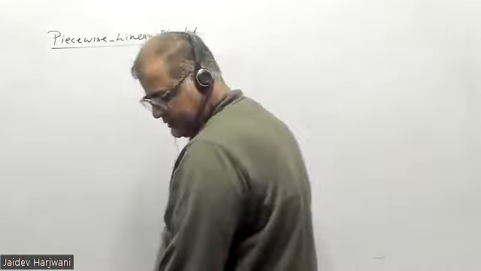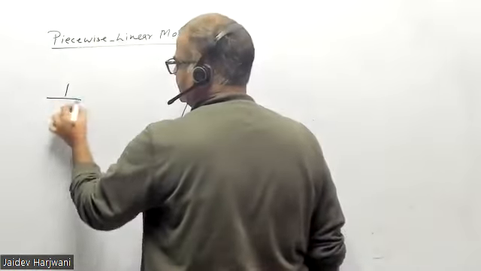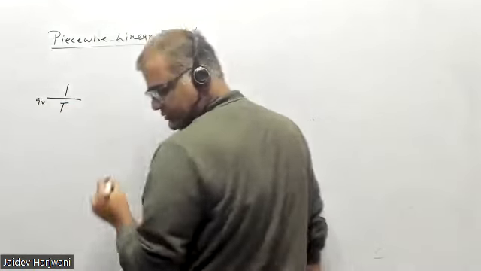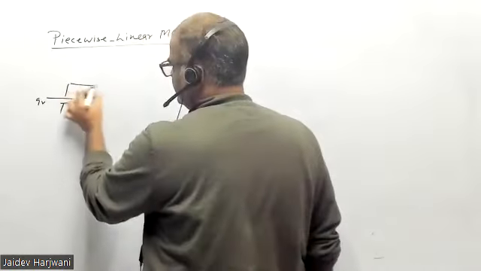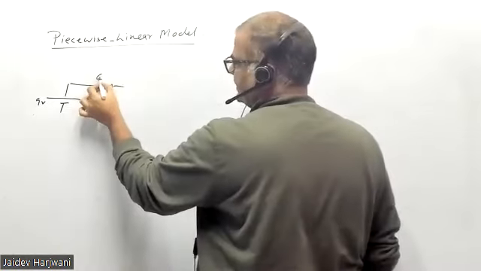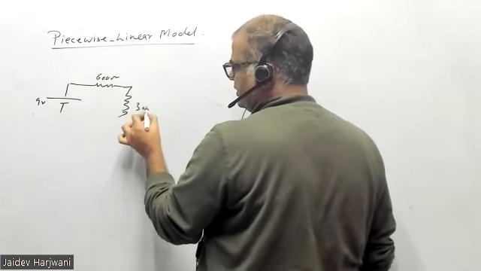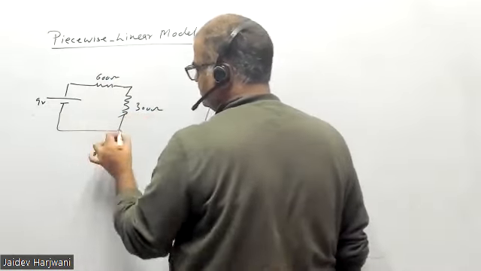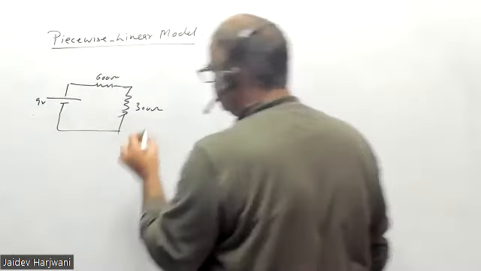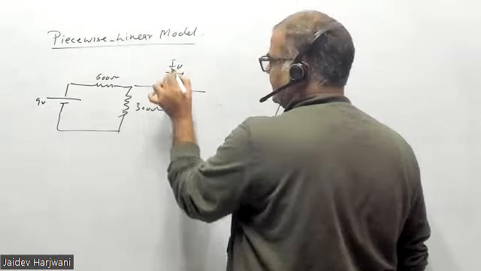So the next question is what we used earlier. Here 9 volt. Here it was 600 ohm, 300 ohm. And here is the diode, which is ID.